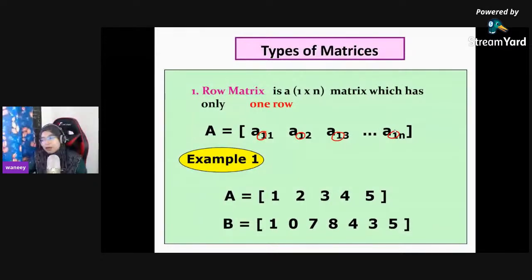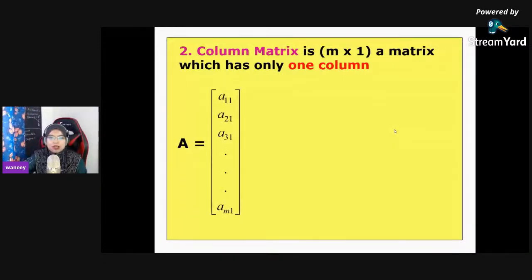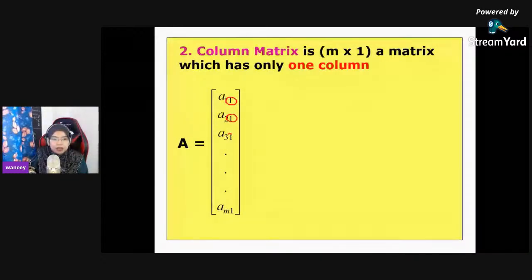Of course, if we have a row matrix, we also have a column matrix. A column matrix is m by 1, a matrix that only has one column. For example, A11, A21, A31, and so on. As you can see, the second number is always 1, so this is only one column.